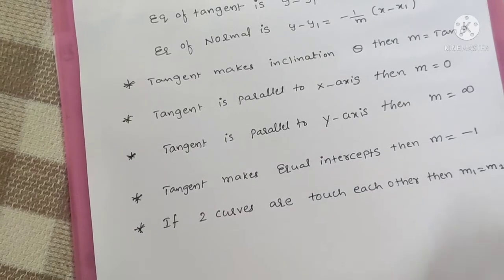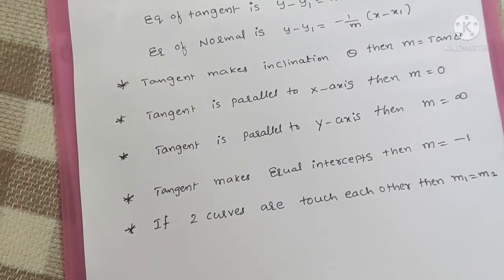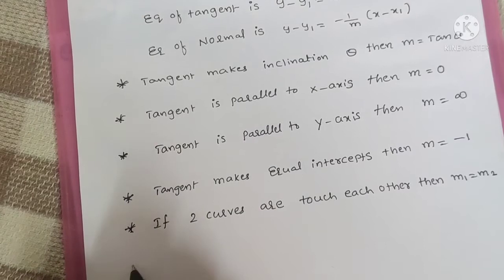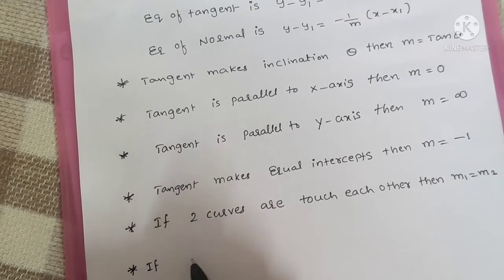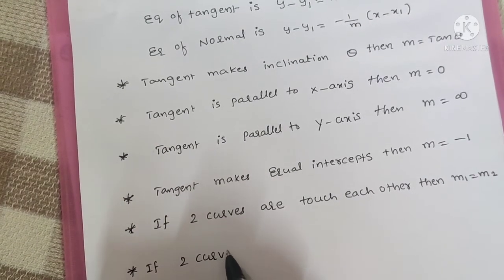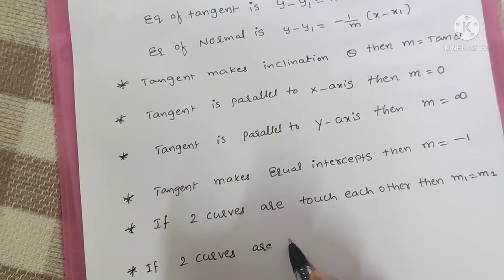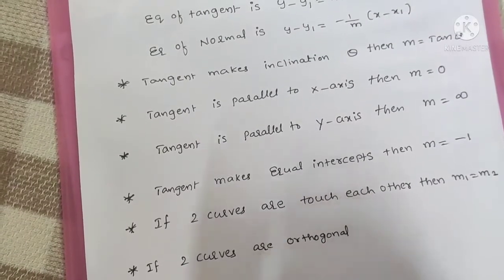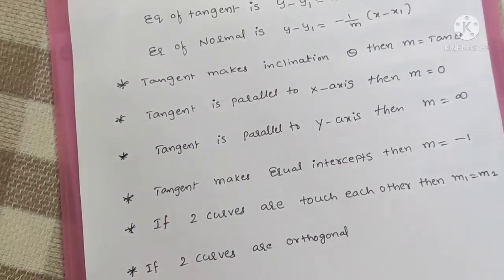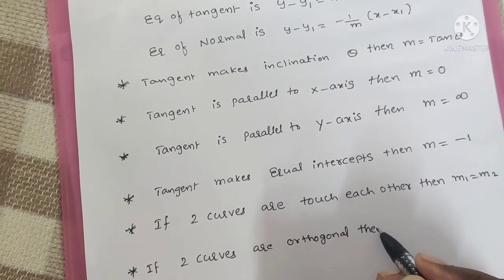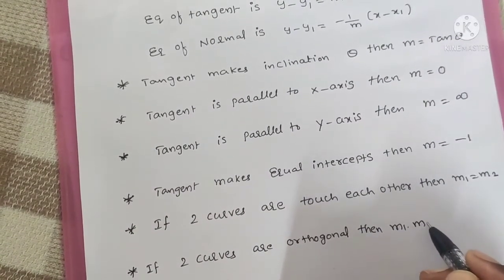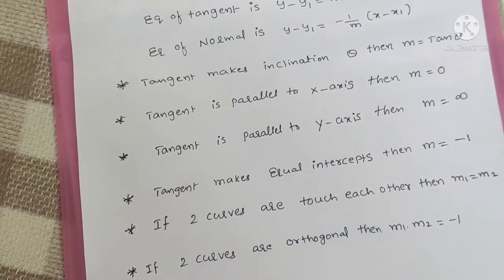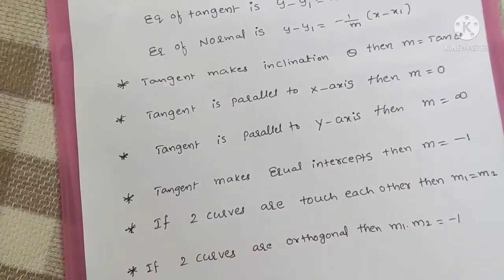The slope of the first curve at a point and slope of the second curve at a point, if both are equal, then we can say the curves touch each other. Next, if two curves are orthogonal, that is, the tangents of these two curves are perpendicular, then the condition is m1 into m2 is equal to -1. So these are the points.